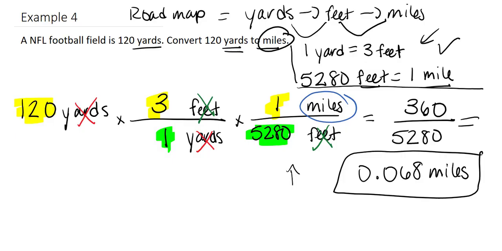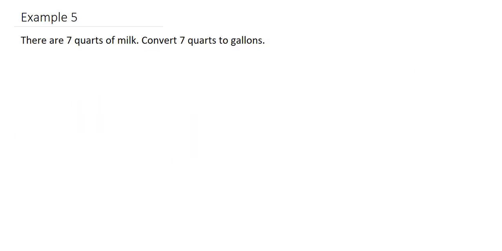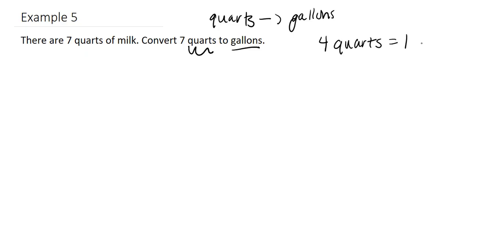So let's do another example. Example 5. There are 7 quarts of milk. Convert 7 quarts to gallons. Well, we need to know the relationship. For quarts to gallons, there are 4 quarts to 1 gallon.